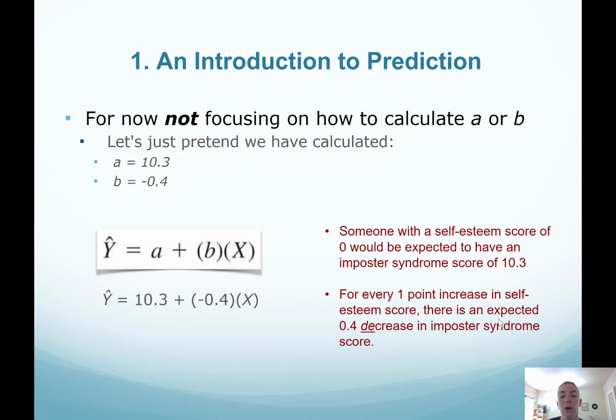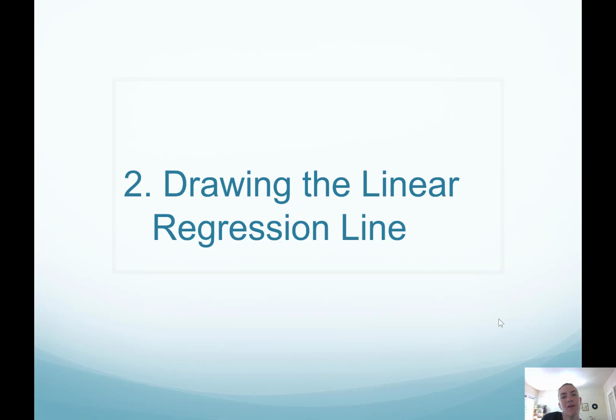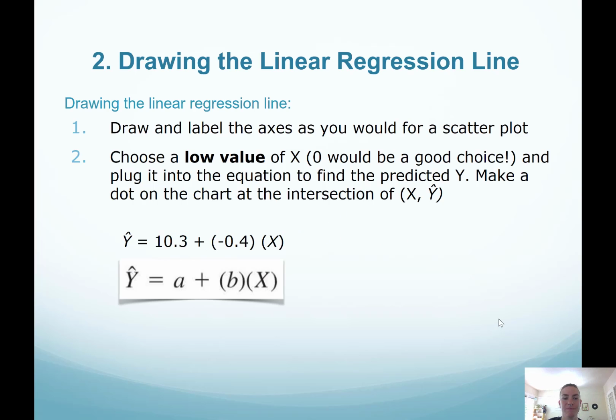And we also know that for every point increase on the self-esteem scale, so as someone's self-esteem score goes from 0 to 1, or from 1 to 2, or from 2 to 3, so as their self-esteem score is climbing, for each point that it climbs, then we expect to see their imposter syndrome score going down by 0.4 points.